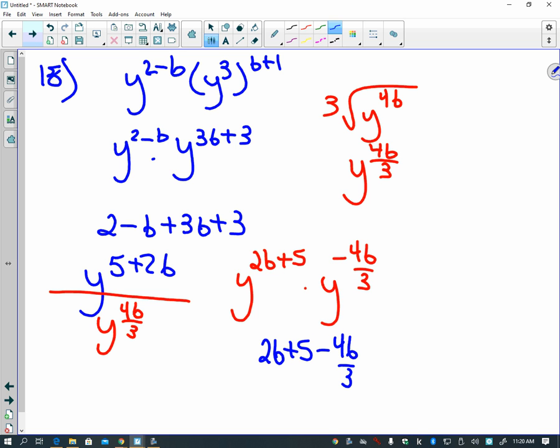I could make this a common denominator, which would be 6/3 b. So what's 6/3 b minus 4/3 b? 2/3 b. So I should get 2/3 b plus 5, which would be y to the 2/3 b plus 5.